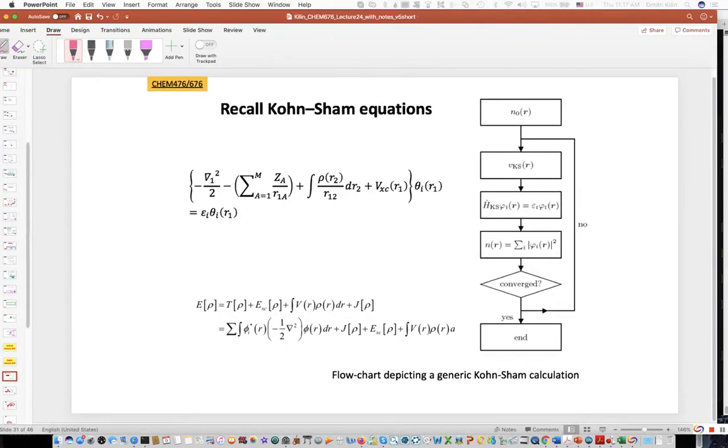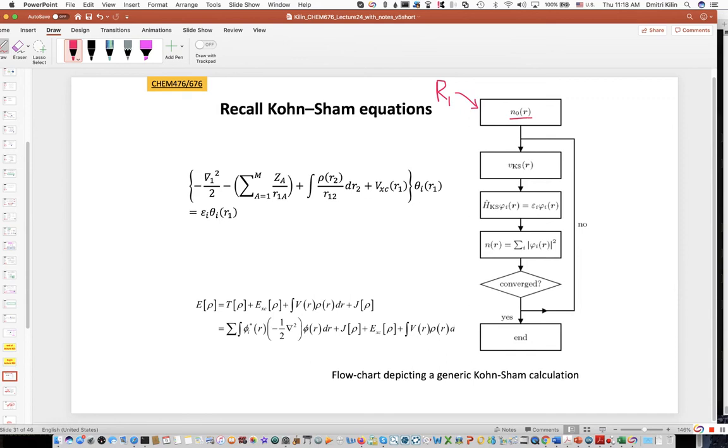Going back to slides. So it is a little bit different form of expressing the DFT flowchart, but you recognize that it is the same. In this example, one skips introduction of initial ionic coordinates, and then one does have the initial density.